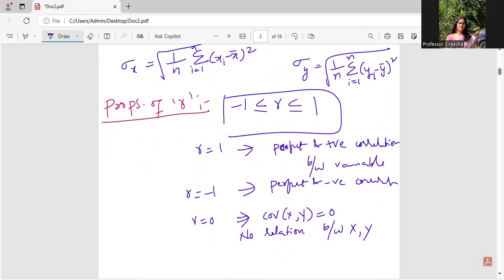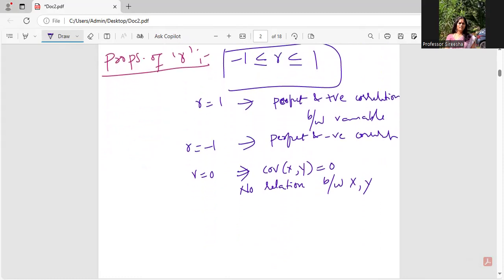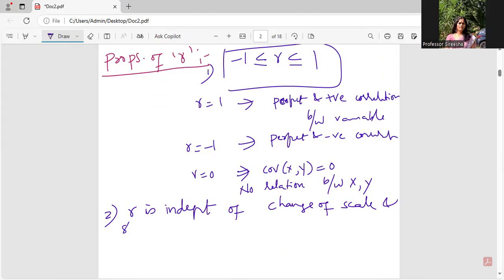Okay. Then correlation is independent of change of origin and scale. Of course, if you remember or not, just make a note of it. Correlation r is independent, whereas regression is not like that. That's why he is specifying. r is independent of change of scale and shifting of origin.